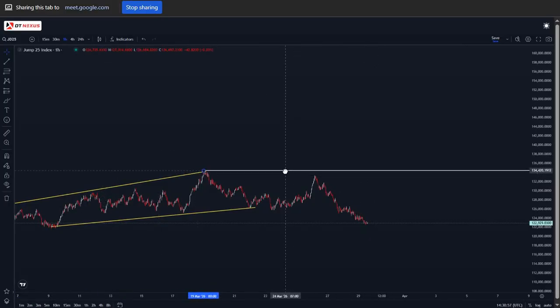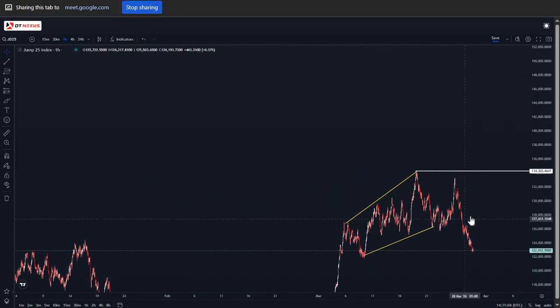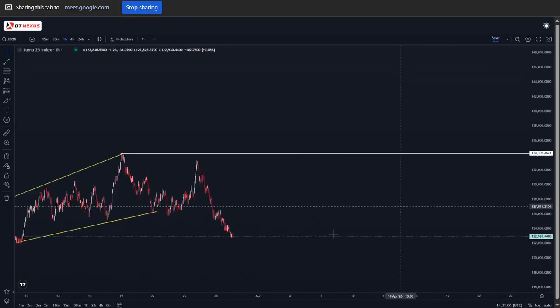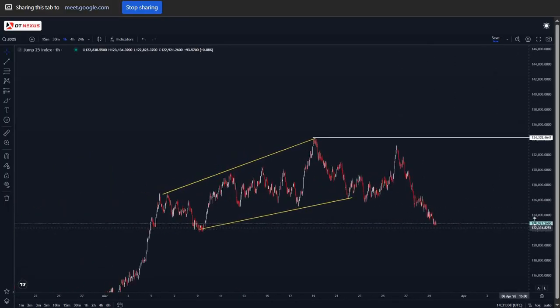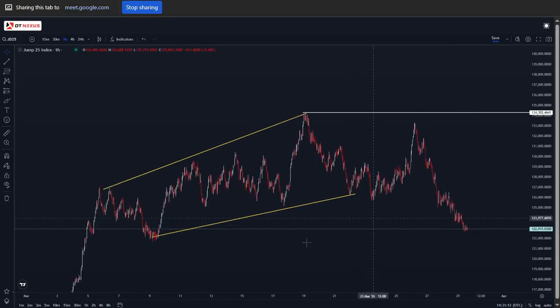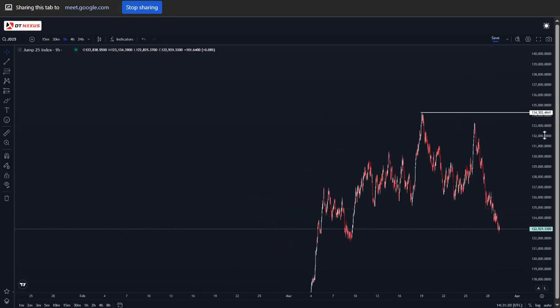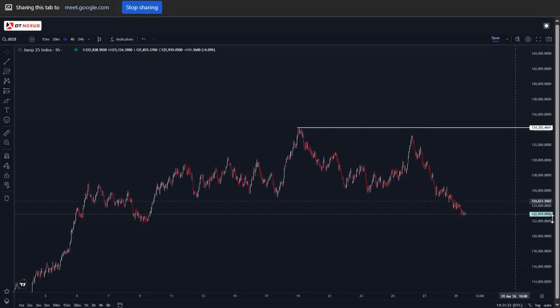Now in 1 hour we want a clearer view of what might happen. So now we forget about what's happening on our left hand side. Now we're going to focus on what's happening on our right hand side, because that's what we're trying to catch.